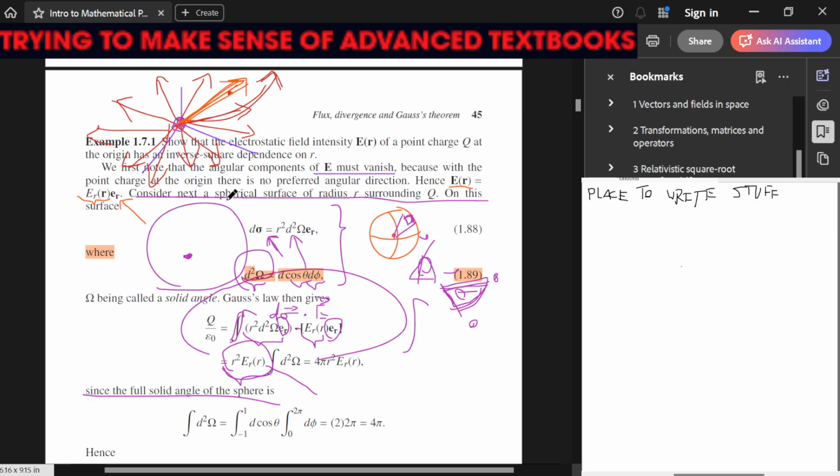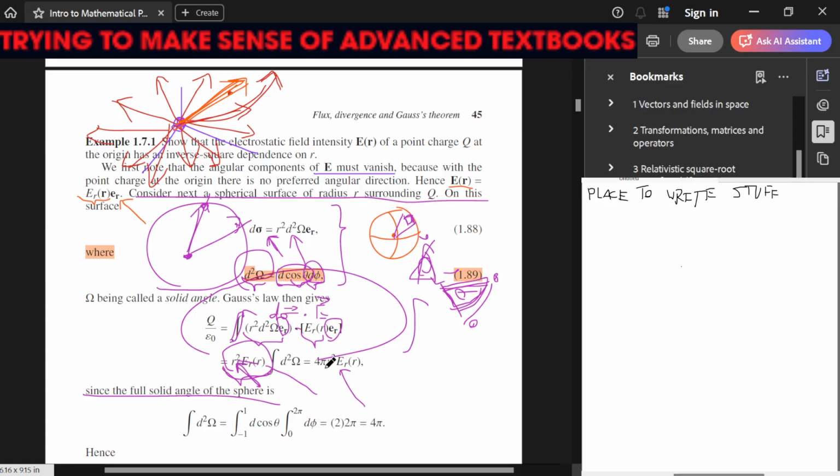It makes sense in my head because the distance from here to here is the same, and that's why R is treated as constant too, because no matter if you change the angles, which we are doing with the phi and the cos theta, R will be the same.